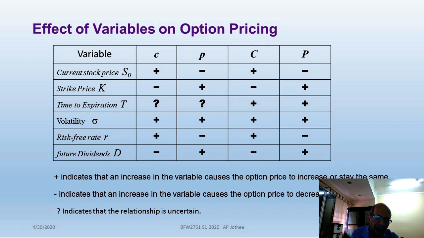But for time to expiration, for a European call, it depends on how it reacts. That's why I put a question mark there, which indicates that the relationship is uncertain, because it depends on how long you have to maturity.